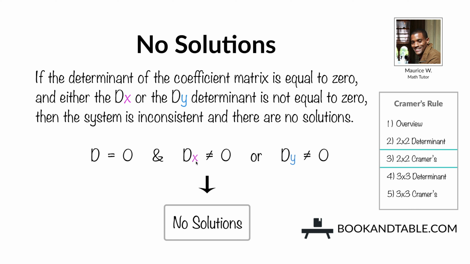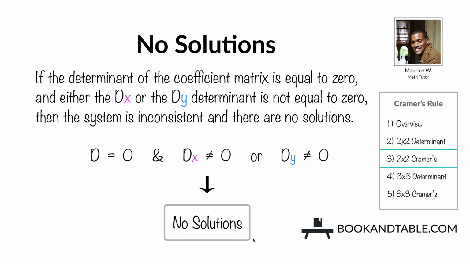If you get dx is equal to 2, or if you get dy is equal to -4, if you get any value that is not 0 for either of these, but you get d is equal to 0, that combination lets you know that the system has no solutions at all. So keep both of these use cases in mind as you begin to calculate the determinants for your system.